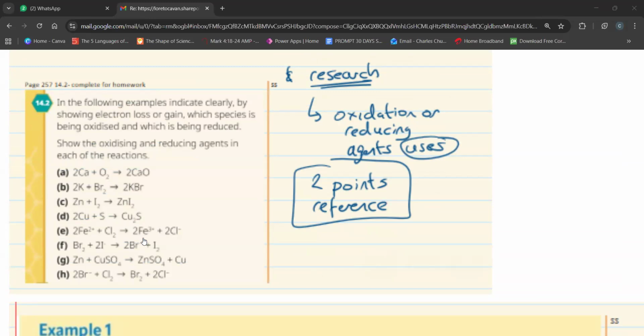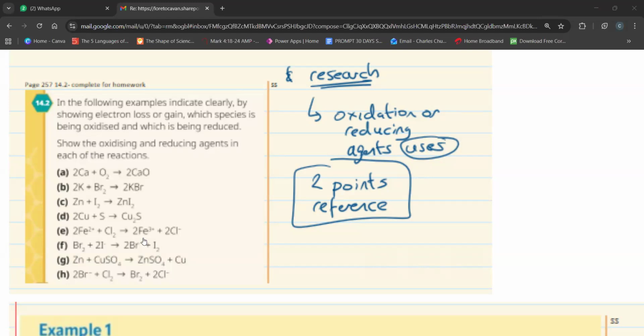Let me see the requirement. It said by showing the electron loss, again, which species is being oxidized and which is being reduced. And of course, it now says show the oxidizing and reducing agents in each of the reactions.